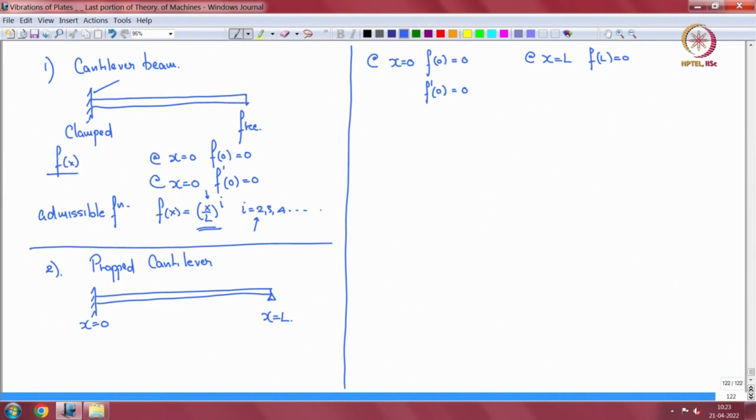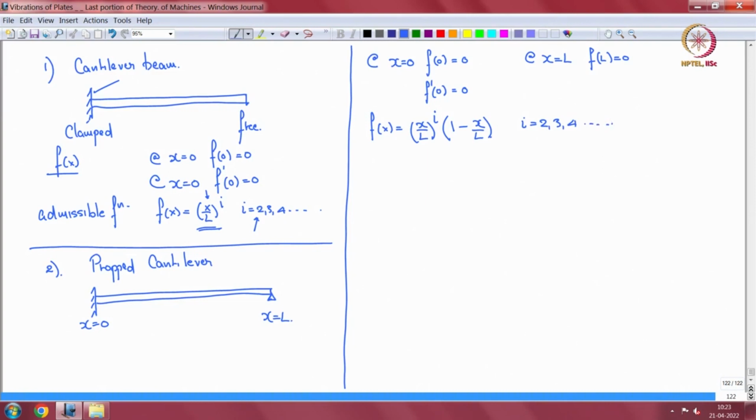So the possible admissible functions are f of x is equal to x over L whole to the power i, times 1 minus x over L, with i starting with 2, 3, 4, etc.